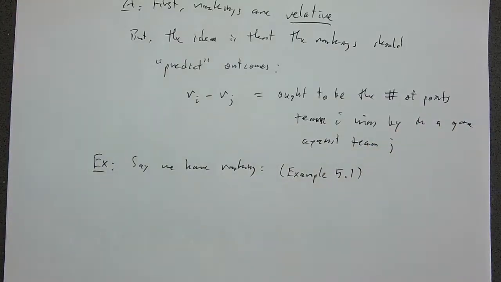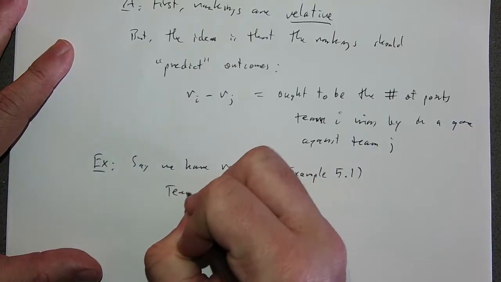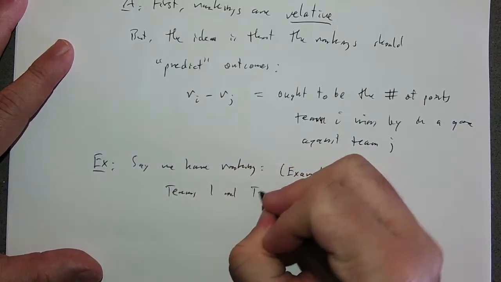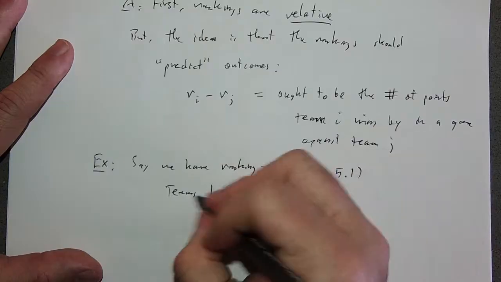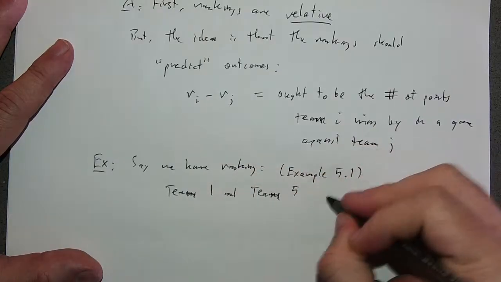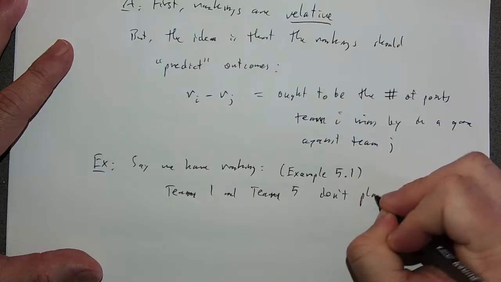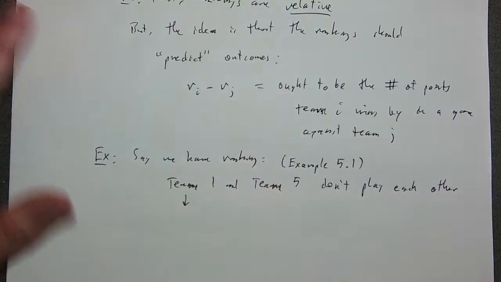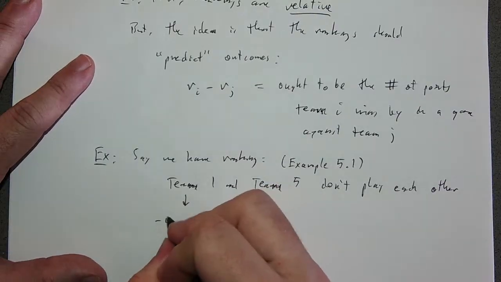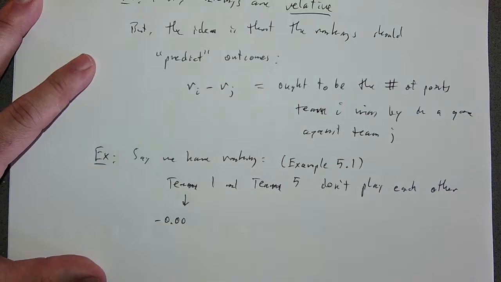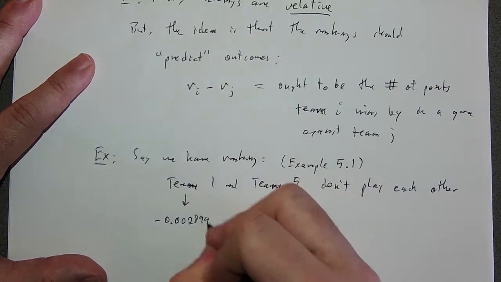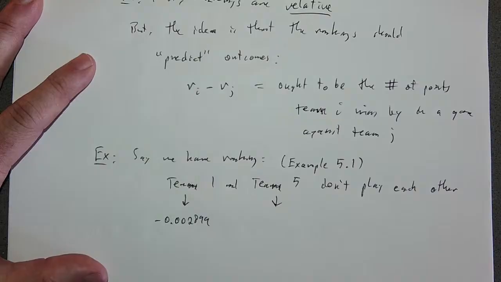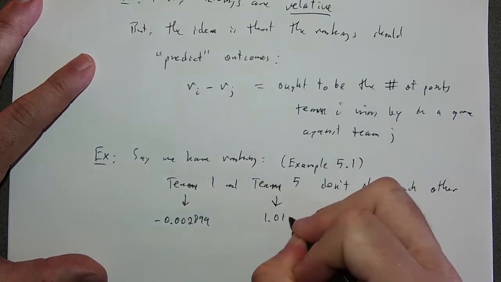So in this example, if you track through example 5.1, Team 1 and Team 5 don't play each other. But Team 1 has ranking -0.002899, and Team 5 has ranking 1.012.